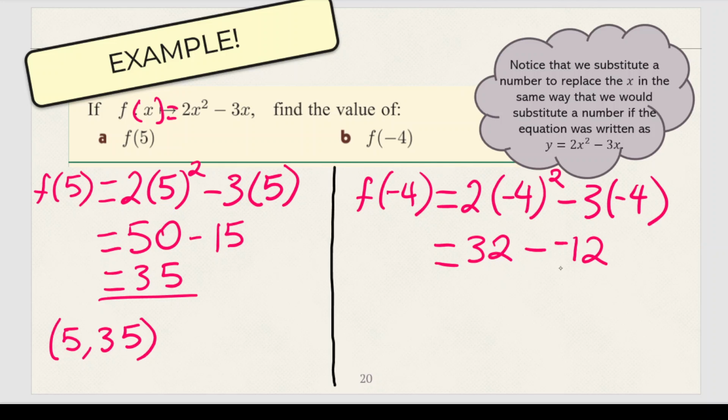So we have 32 plus 12, which gives us 44. Therefore, we know that when x is equal to negative 4, y is equal to 44, which gives us a point on the graph at negative 4 and 44. If we wanted to, we could actually graph this and show 2 points where the function goes through without actually drawing the full curve, but we're going to avoid that for now.